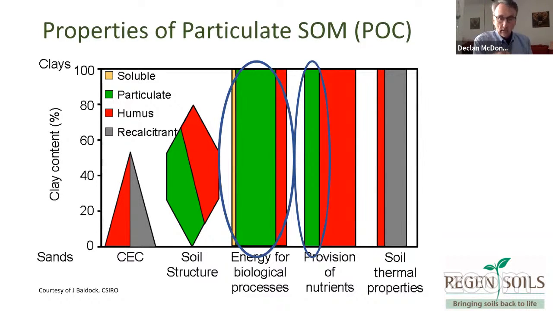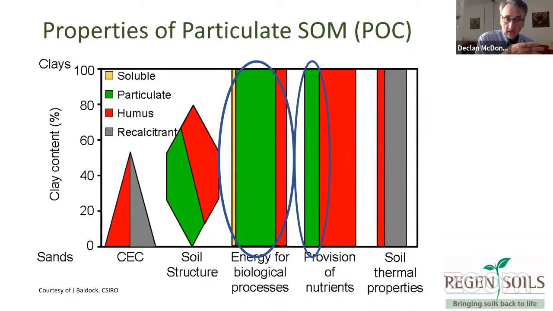But the different pools of organic matter, the different types of organic matter, are weighted differently across this spectrum. So, for example, CEC really depends on humus and recalcitrant carbon. The particulate carbon does not really do very much for cation exchange capacity.